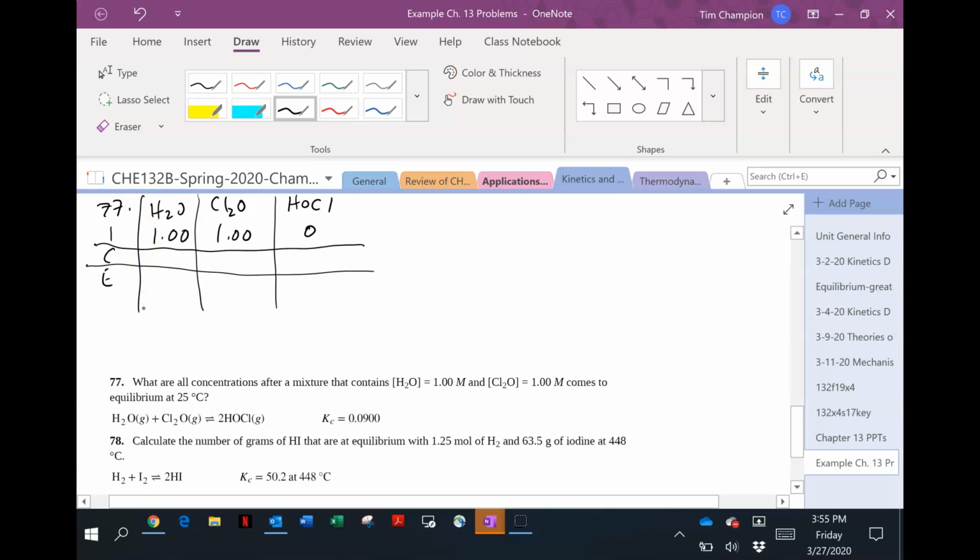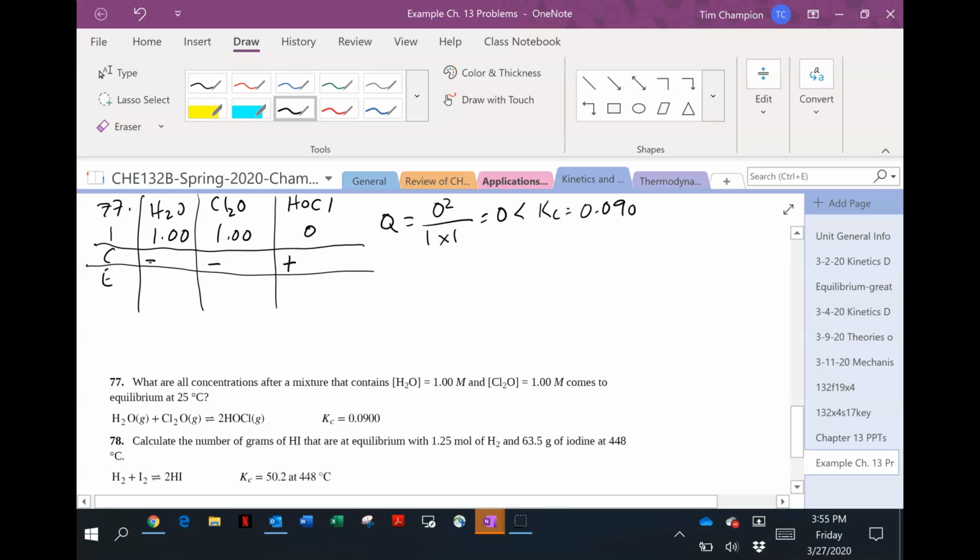Now, if we calculate Q for this, Q is going to be 0 squared, that's the HOCl part of it, divided by 1 times 1, that's the H2O and Cl2O part of it. That's going to be 0. And that tells us that that's less than the Kc, which we know is 0.090. So that means we're going to increase our products and decrease our reactants. So negative, negative, plus on the C line.